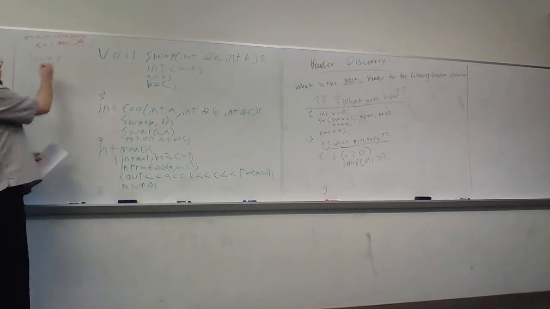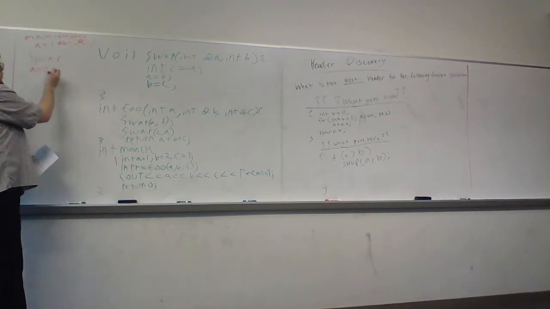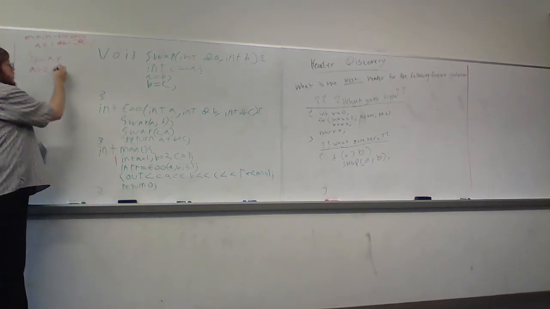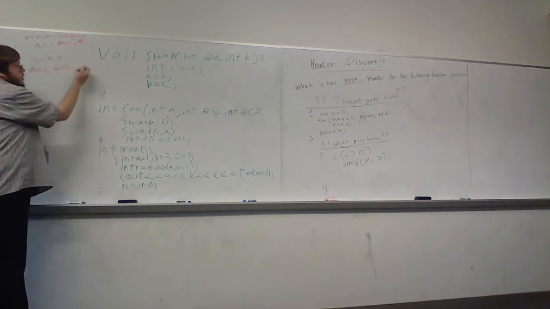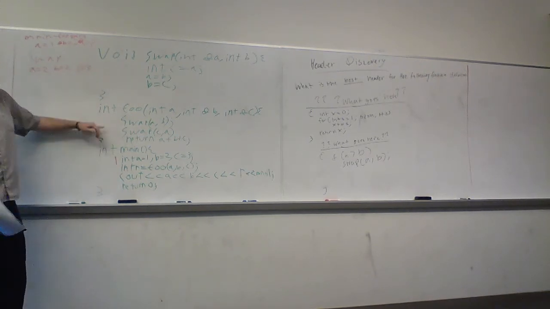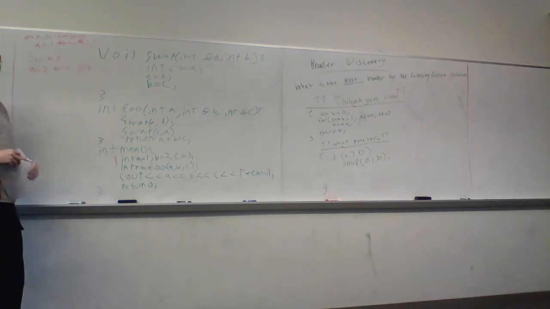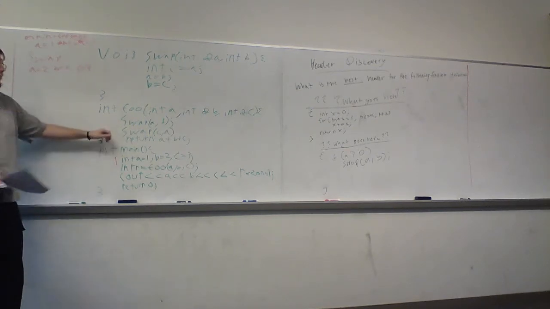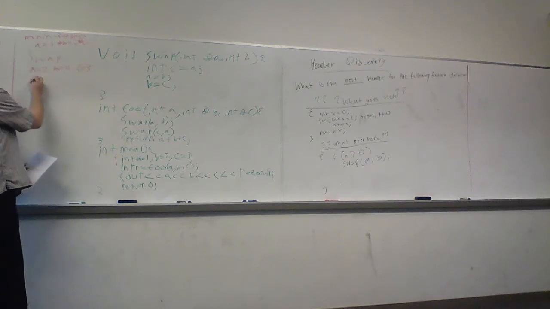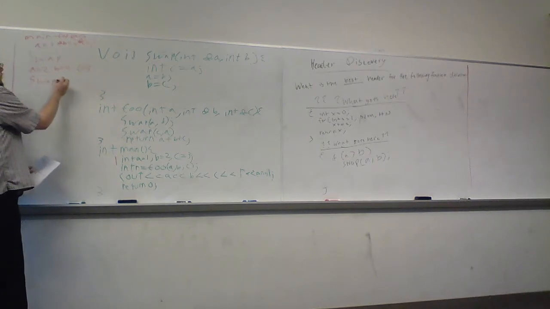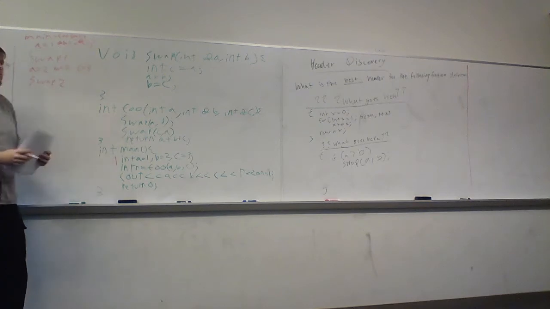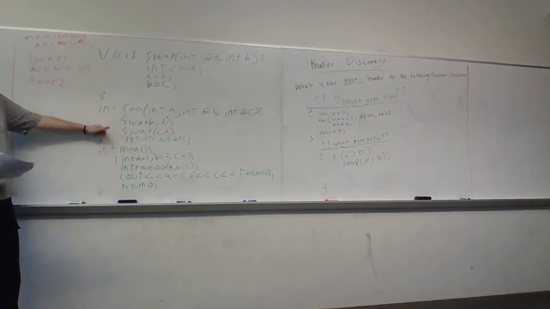After this, a is equal to 2, and b is equal to 2, c is still equal to 3. And then after this one, swap c and a. Which value gets changed from this one? Yeah, c's value is going to get changed.